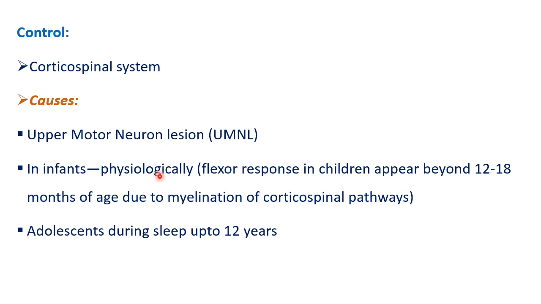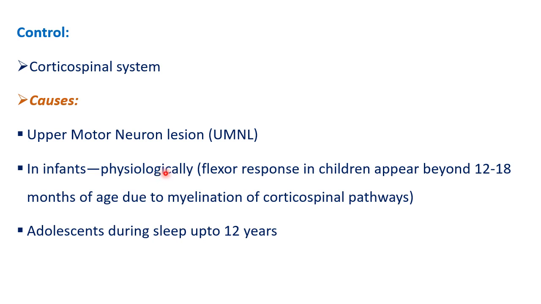Then, in infants, when a child is born, the corticospinal tracts are not myelinated; myelination is still going on. When it is not myelinated, the corticospinal tract does not have much control. Because of this, the child, when born, still has an extensor response, that is, physiologically has this Babinski sign.